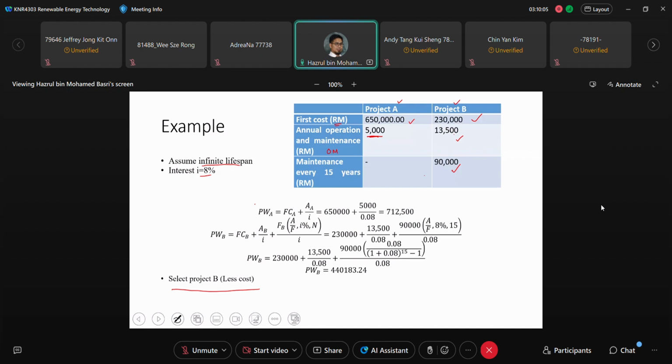But it's okay. At least you have made a decision. There is also one important skill set as a project manager: you dare to take decisions. Okay, that's good. You choose project A because there's no maintenance. But look at this number. This number is way too high compared to this value.